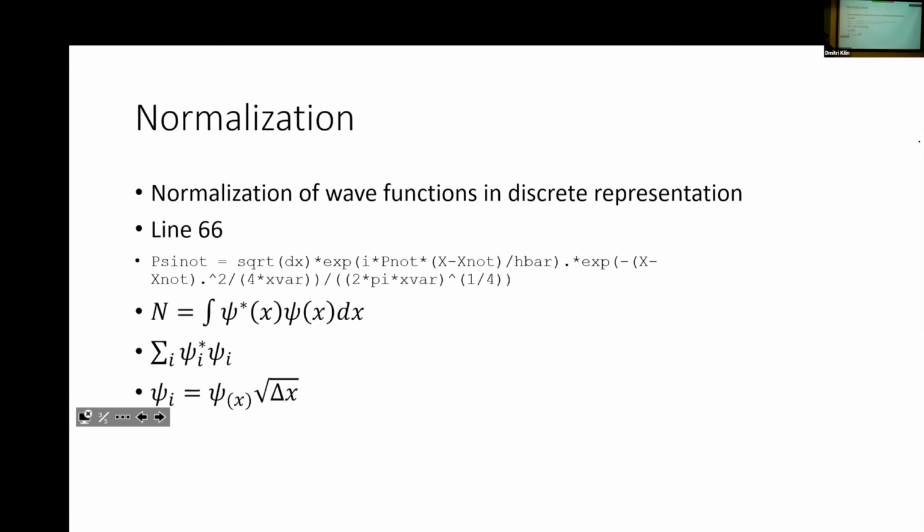Unlike the normal normalization, where we take the integral of the wave function, we're going to use the summation over i of psi i and psi i. And for psi i, we're going to use psi of x times the square root of the change of x, so we're looking at the derivative of x.